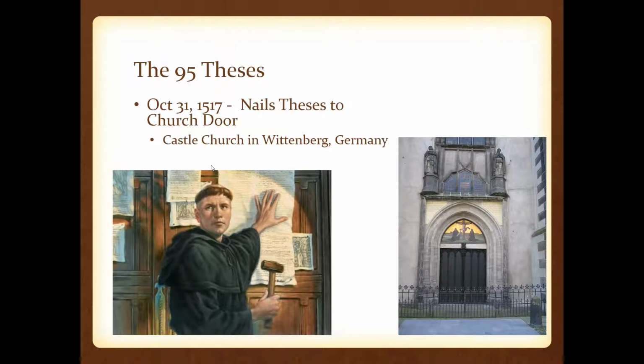In 2017, the church actually celebrated the 500 years of his protesting of the church and the nailing of the theses with a ceremony there headed by the head of the Lutheran Church in Germany.